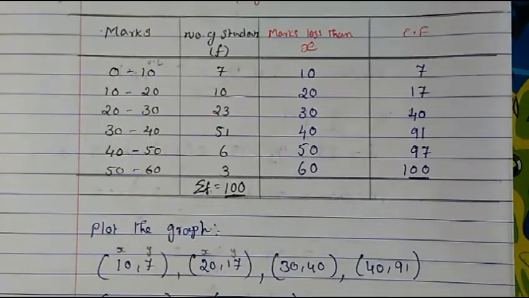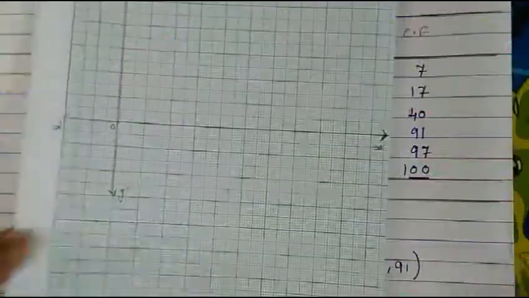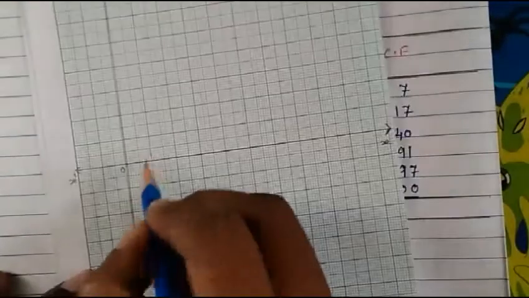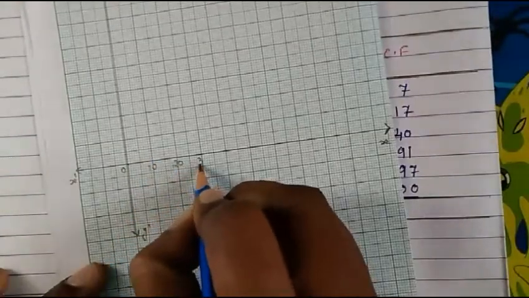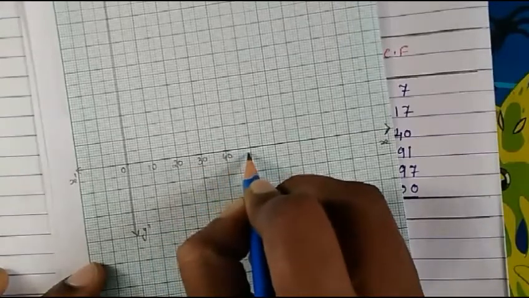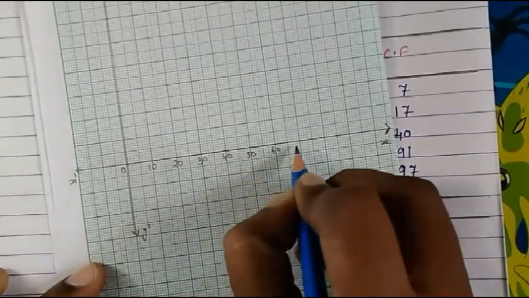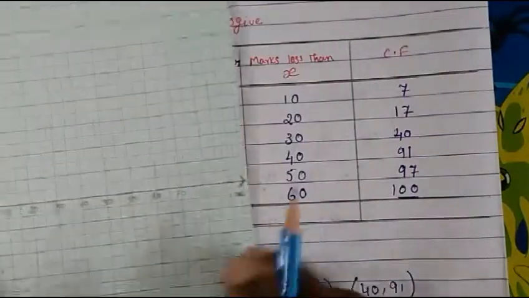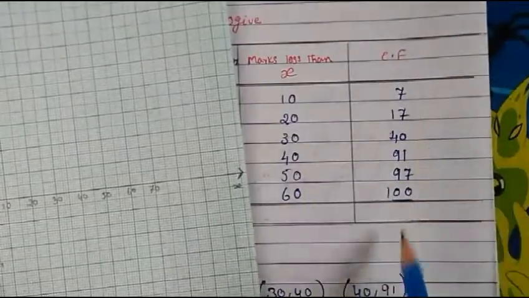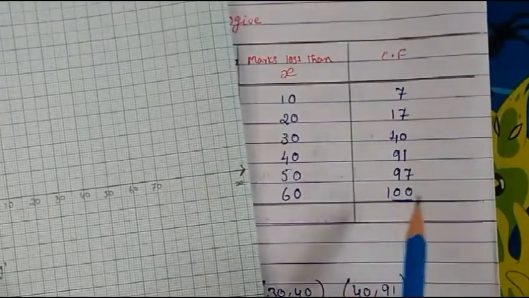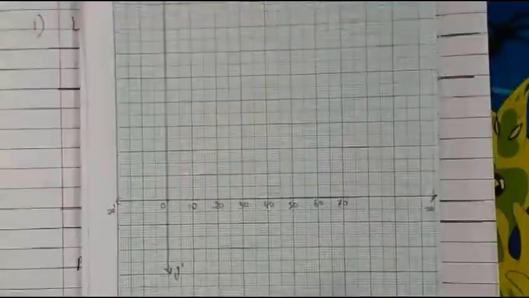So on the x-axis we will take the upper limit: 10, 20, 30, 40, 50, 60, 70. Up to 60 is okay, highest is 60. Then on the y-axis, highest is 100, so we can take the gap of 10.